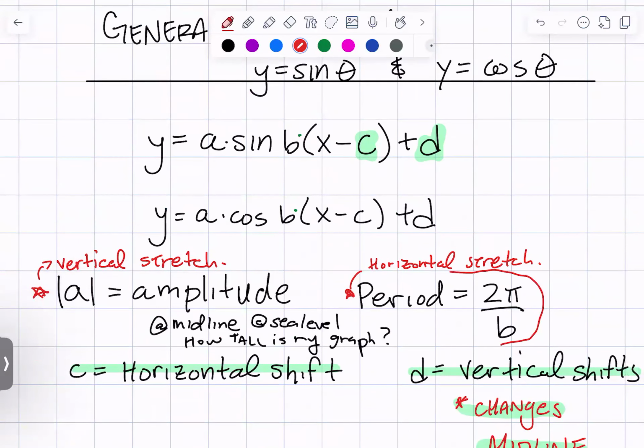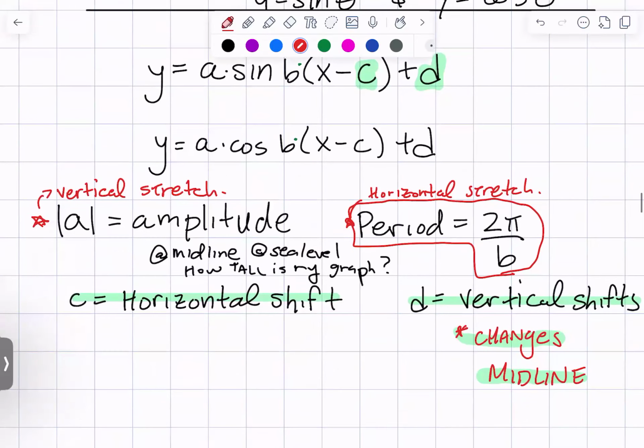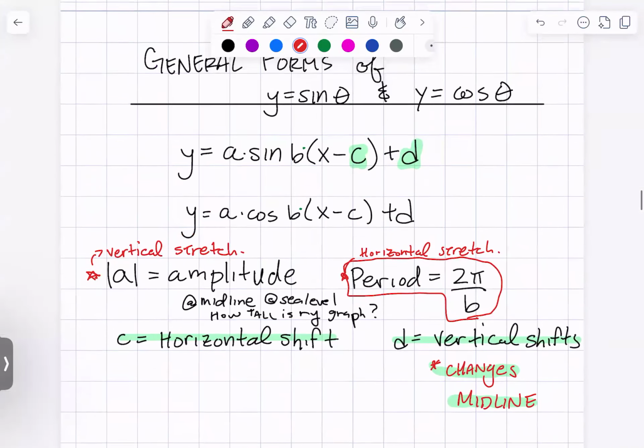The formula is 2 pi over b, because whatever I multiply it by is going to horizontally stretch or compress my graph. So the width of it is going to change. Okay, and that formula to get it is 2 pi over b. All right, so that's what you need to know.